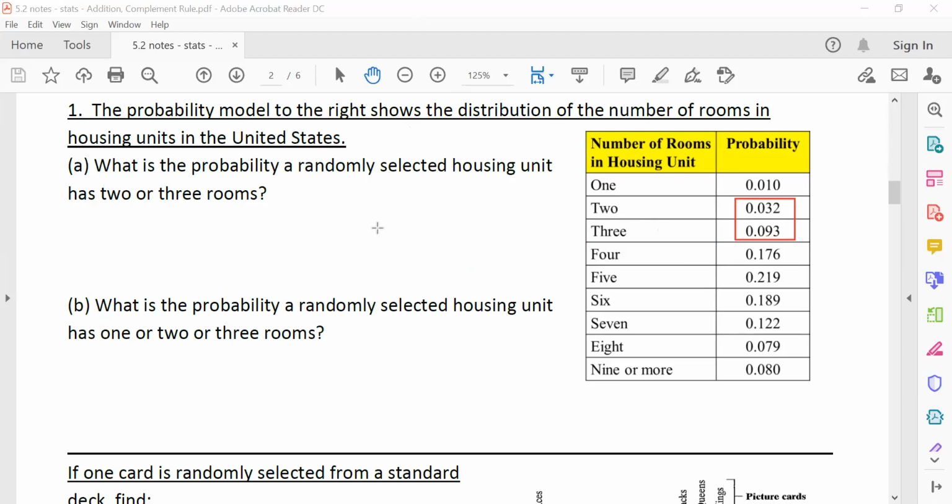That doesn't make any sense. And you can't say, well, what about if they have a study? We're just going to say that either you're going to count it as a room or you're not. So here you would just add their 2 probabilities together. And it looks like you'd get 0.125.